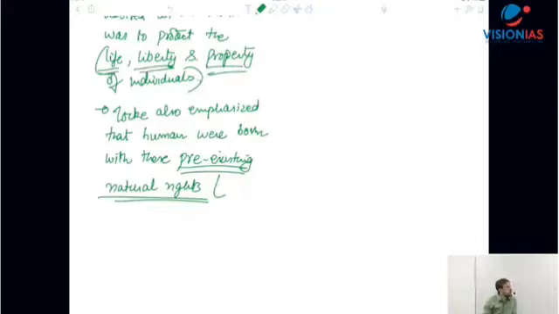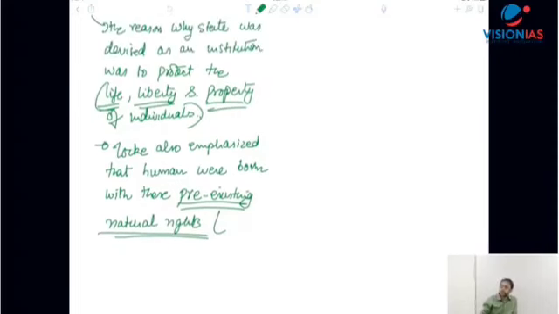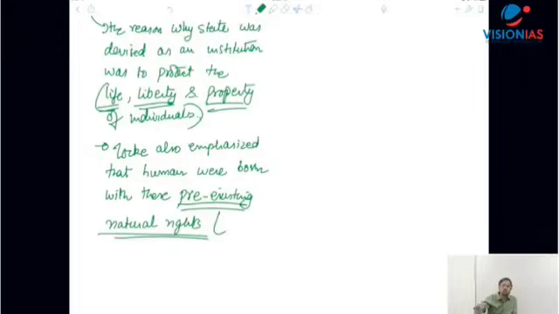So what is Locke saying? Firstly, Locke is saying that the state came into existence primarily for one purpose, and that is to protect the pre-existing natural rights of man. And what are these pre-existing natural rights? The right to life, the right to liberty, and the right to property. People voluntarily formed the state. He's questioning firstly the idea of the divine right of rule. He's not saying that the state came into existence because of divine intervention.